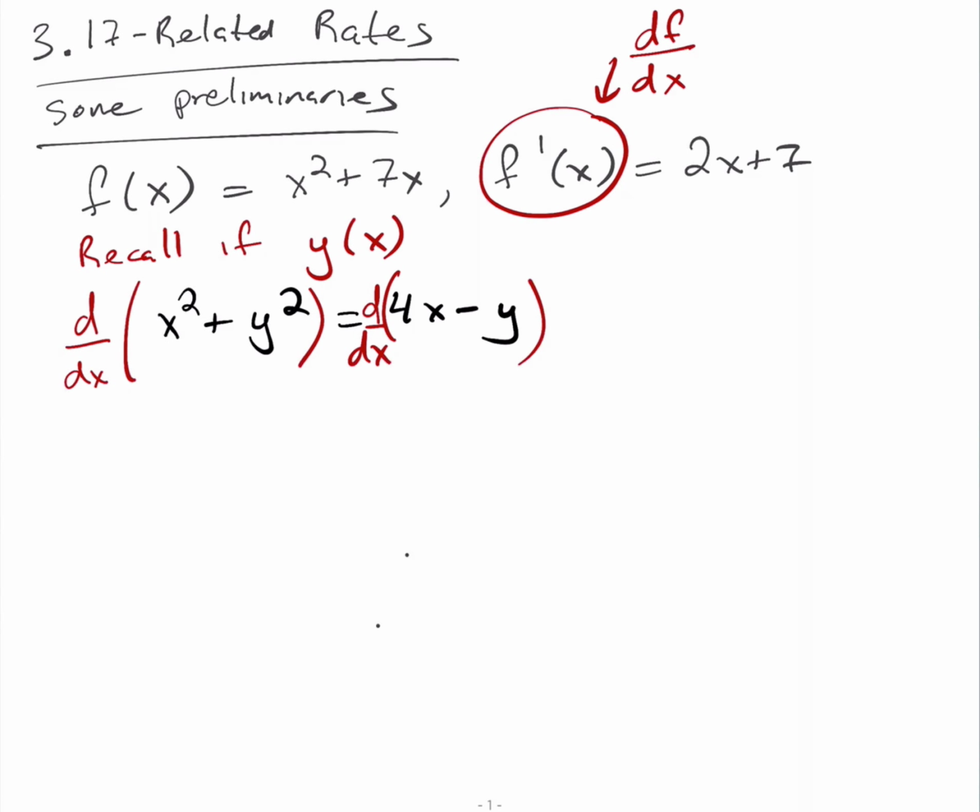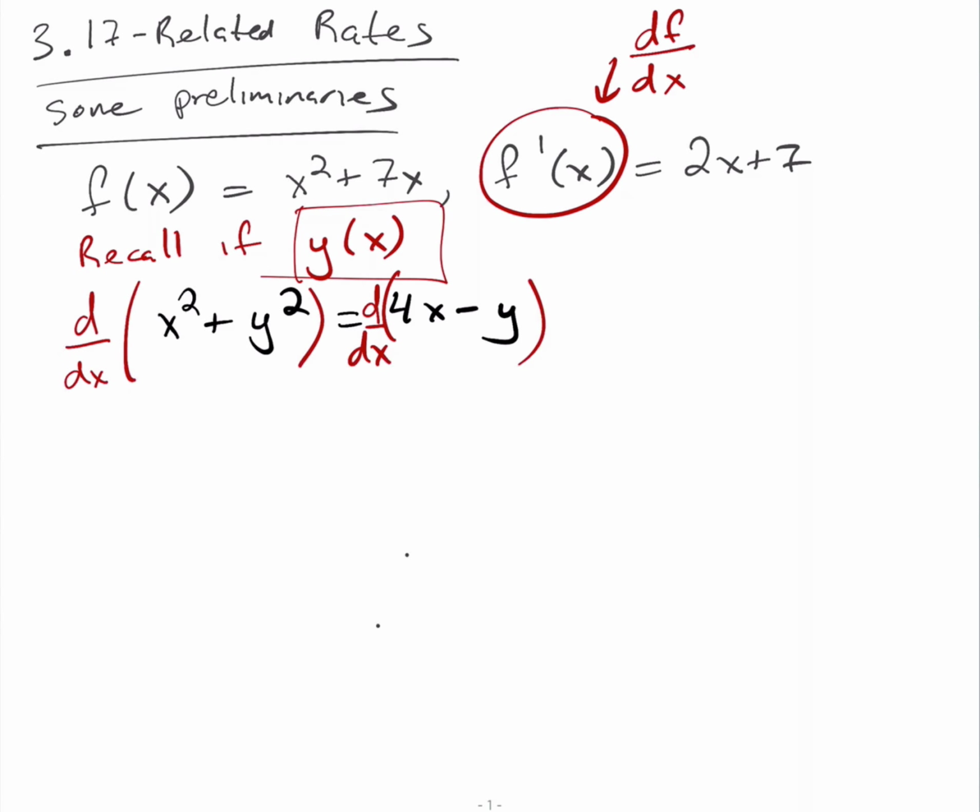So something like that. What is that called when we did that? Implicit. That's implicit differentiation, right? So here when I do this, I'm getting the derivative of both sides with respect to x, but notice here I have x's and y's, and the key thing here is that y is a function of x, right?